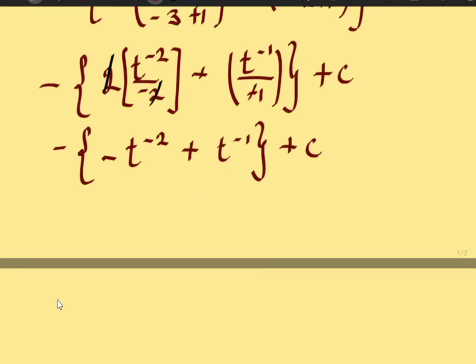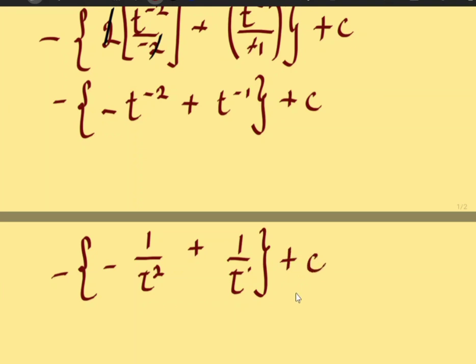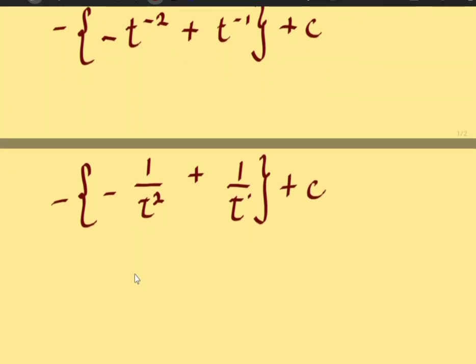We can now re-express this as negative, in brackets, 1 over t raised to the power 2 minus 1 over t raised to the power 1, using our laws of indices, plus c, the constant term. If we use the negative sign to multiply through, we shall have 1 over t squared minus 1 over t raised to the power 1, plus c.